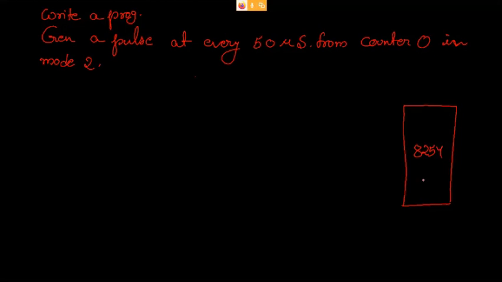The chip select CS is connected to A7 and A1 A0 are the address lines which are connected to 8254.